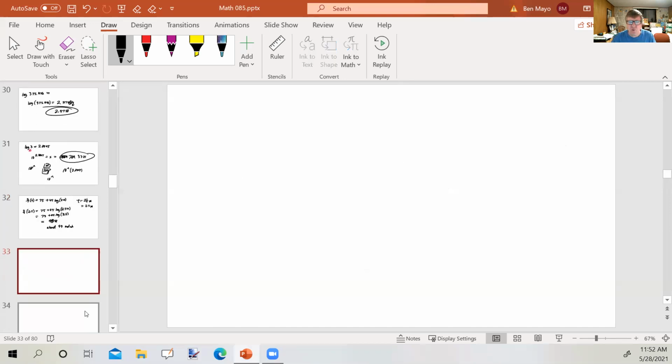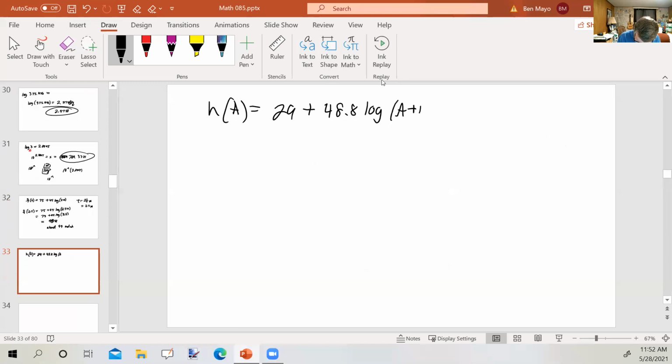Okay, let's take a look at another problem. It says children's height. The logarithmic function h of a equals 29 plus 48.8 log of a plus 1 gives the percent of the adult height of a male child a years old has attained. If a boy is 9 years old, what percent of his adult height will he have reached?